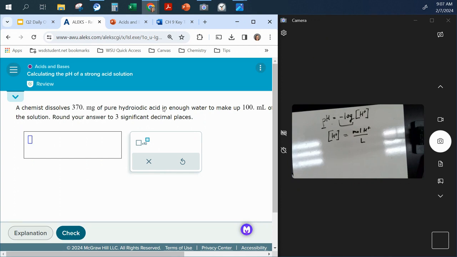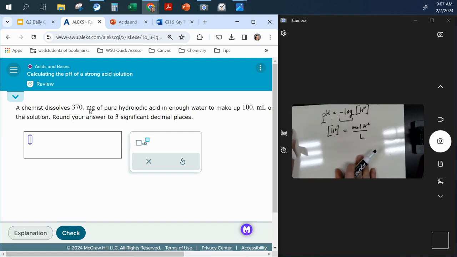What is that? You have to know what that formula is because they're giving it to us in grams or milligrams, and we're going to have to convert it to moles. So we need the molar mass, so we need to know what's in the formula. Make sure you know the acids or have them on your note card.